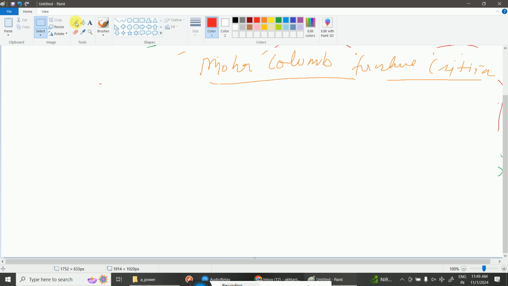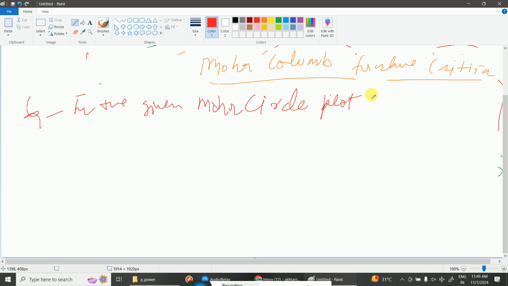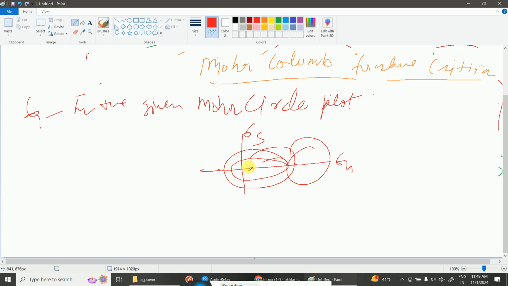The numerical question is: in the given Mohr circle plot, sigma s and sigma n.